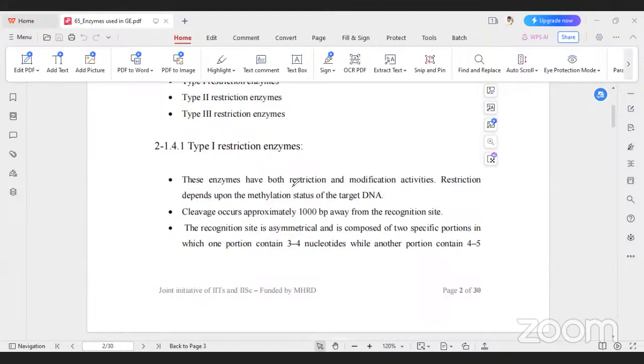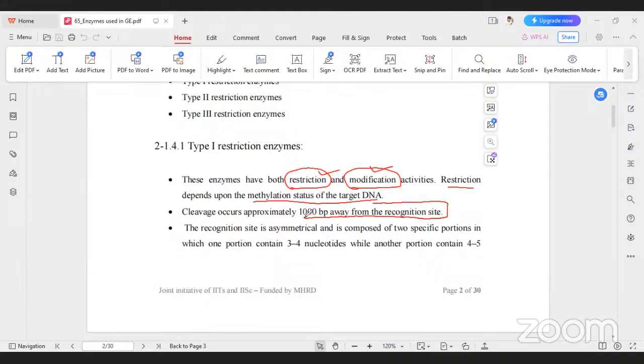This enzyme has both restriction and modification activity. One enzyme, only one enzyme, two activities. It can modify by methylation and restriction recognition. So restriction depends upon the methylation status of the target DNA. Cleavage occurs approximately 1,000 base pairs away from the recognition site, but not exactly at the recognition site.